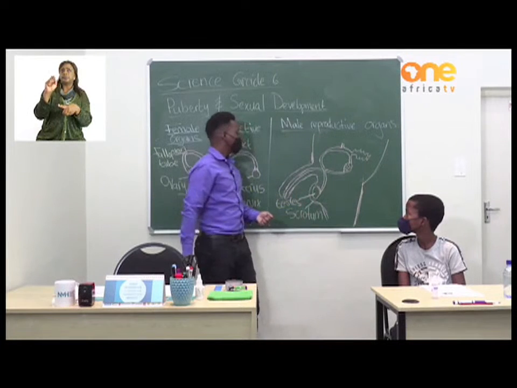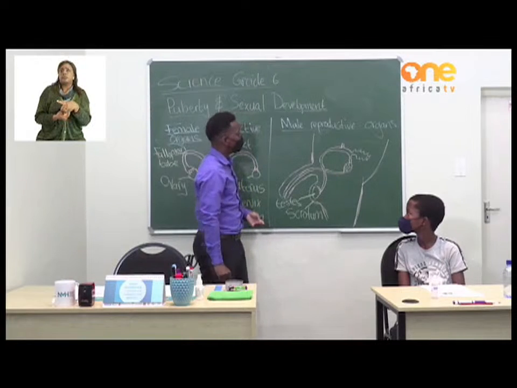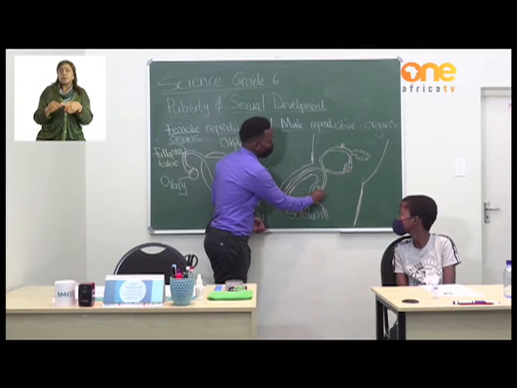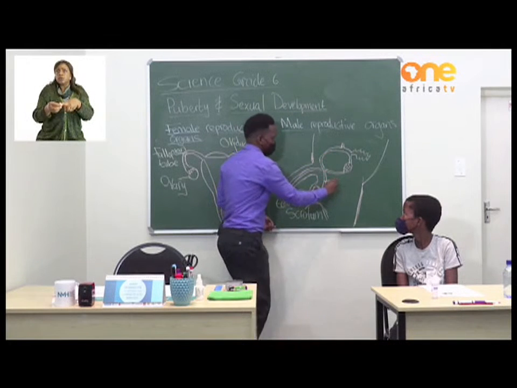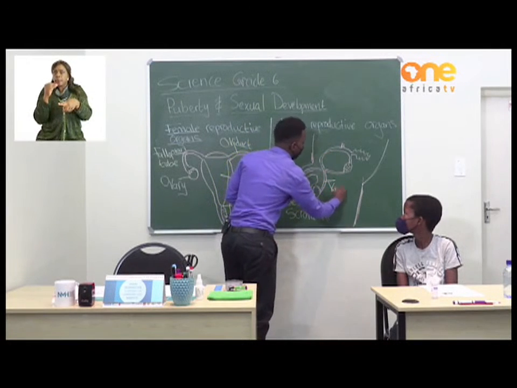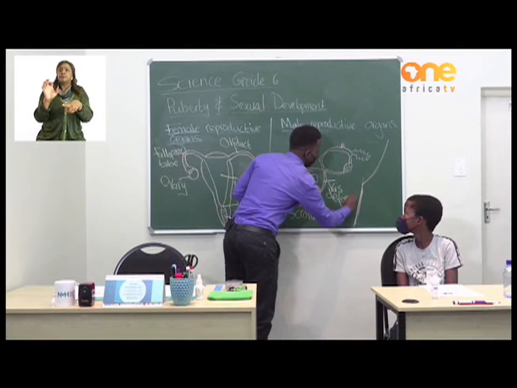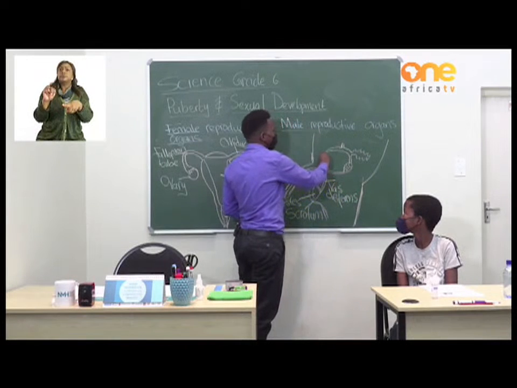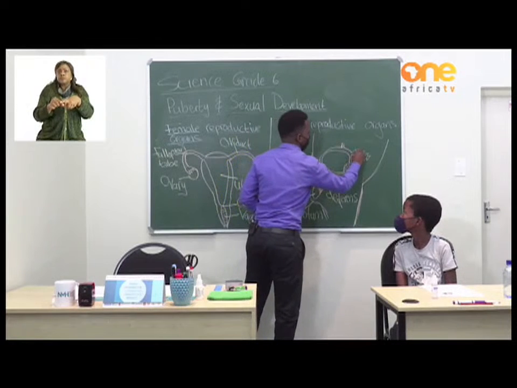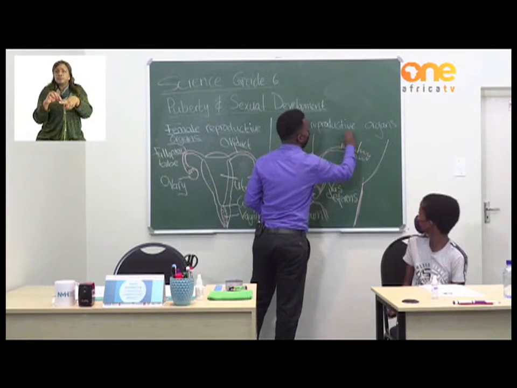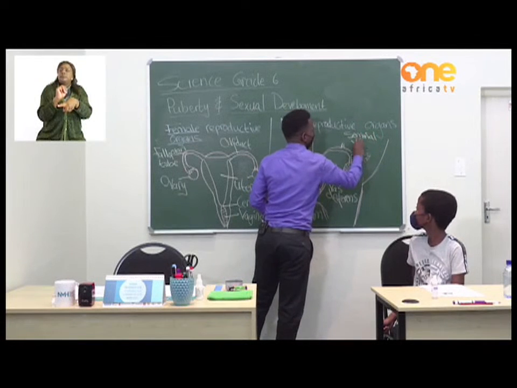We have the structure known as the testis, and from the testis, we have another structure which is coming from the testis going outwards, and this organ is referred to as the vas deferens. And the vas deferens goes on and connects to another structure, and this structure is referred to as the seminal vessel.